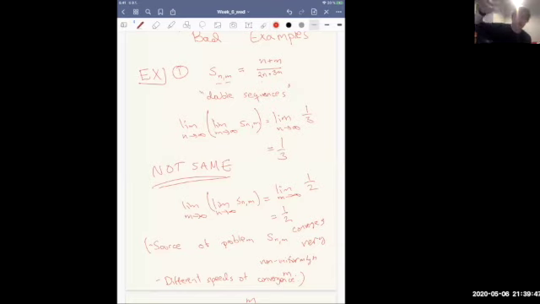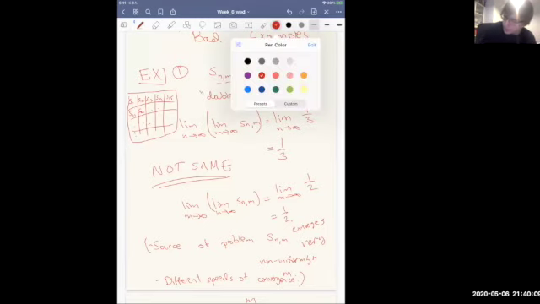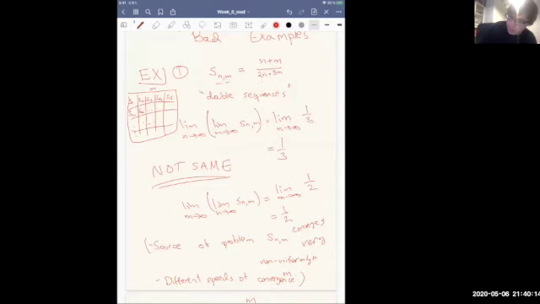And there's a visualization of doing this, is that you have a table of values here: S11, S12, S13, S14, S15, S21, S22, etc. With this convention, m is the rows, n is the columns, and one of these limits, say the first one here, is you first take the limit along the row, and then you go down.